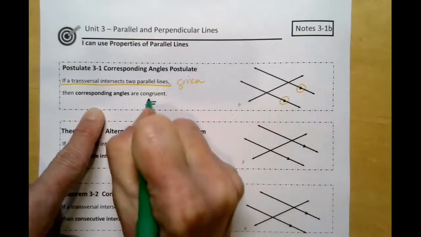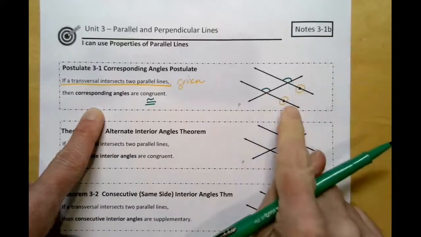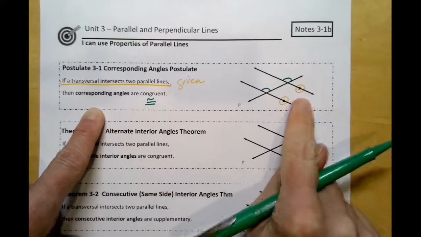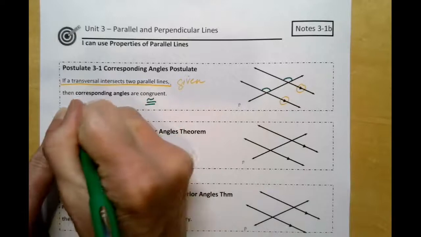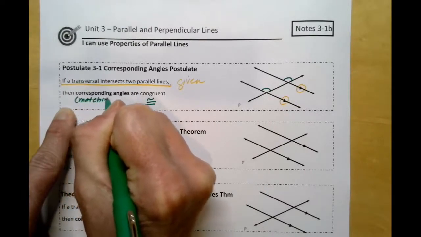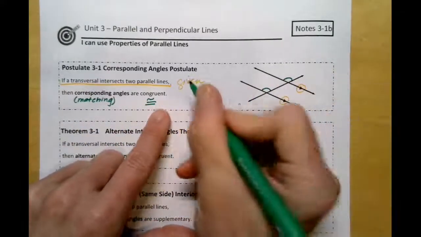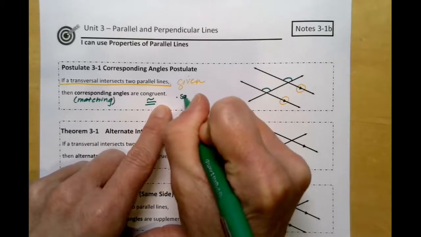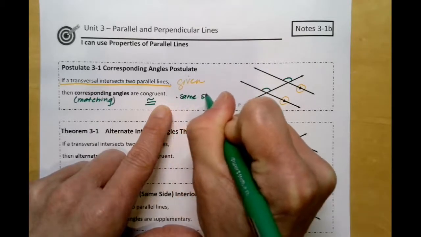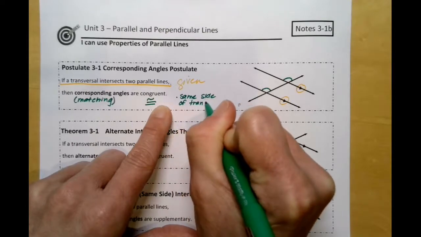So Euclid is guaranteeing us that if you see these parallel line markings, then our corresponding, and remember that's the same as our matching, angles are going to be congruent. And when we talk about matching angles, we're talking about angles that are on the same side of the transversal.